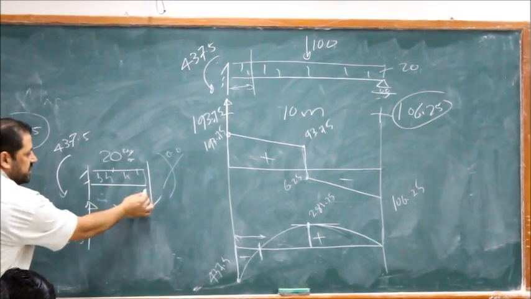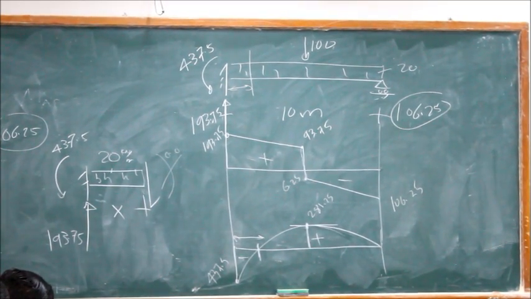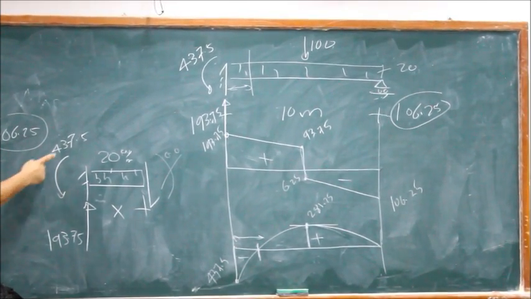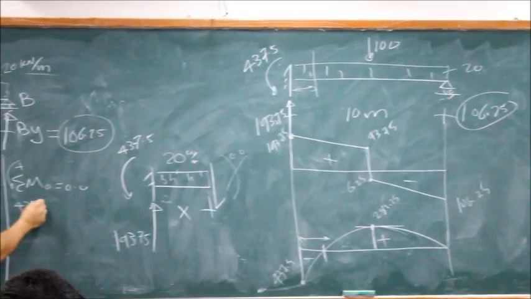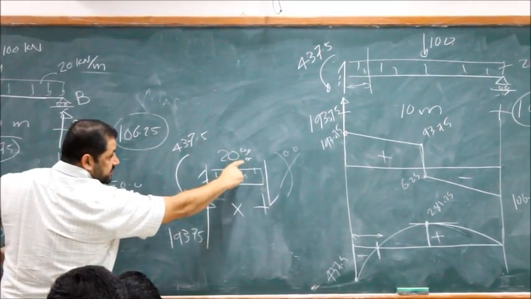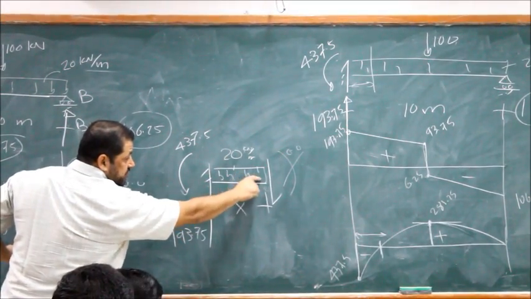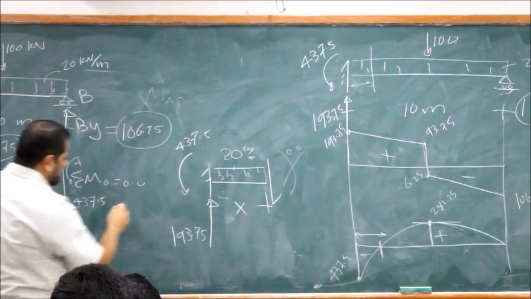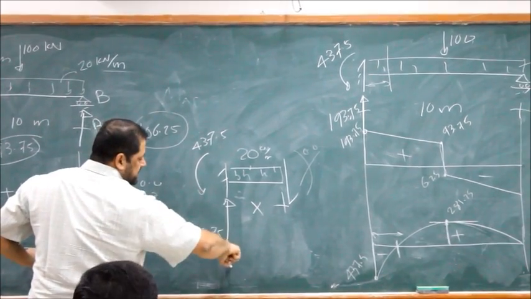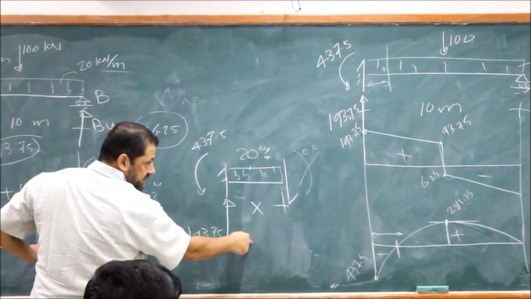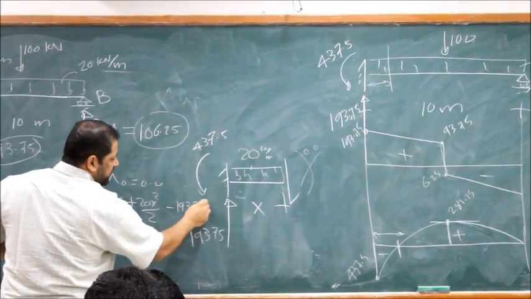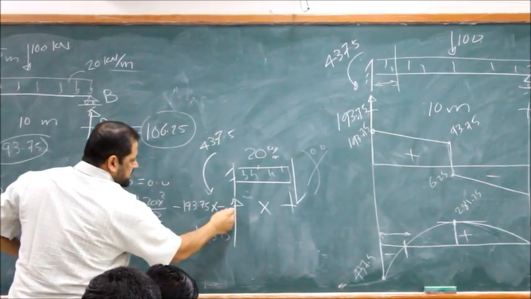So sum of the moment at this point, O, equal to zero. If I take counterclockwise positive, give the following: 437.5, counter, it means positive. Then minus 20x times x over 2, that's also counter, so plus 20x squared over 2. Then minus 193.75x minus 175x equal 0.